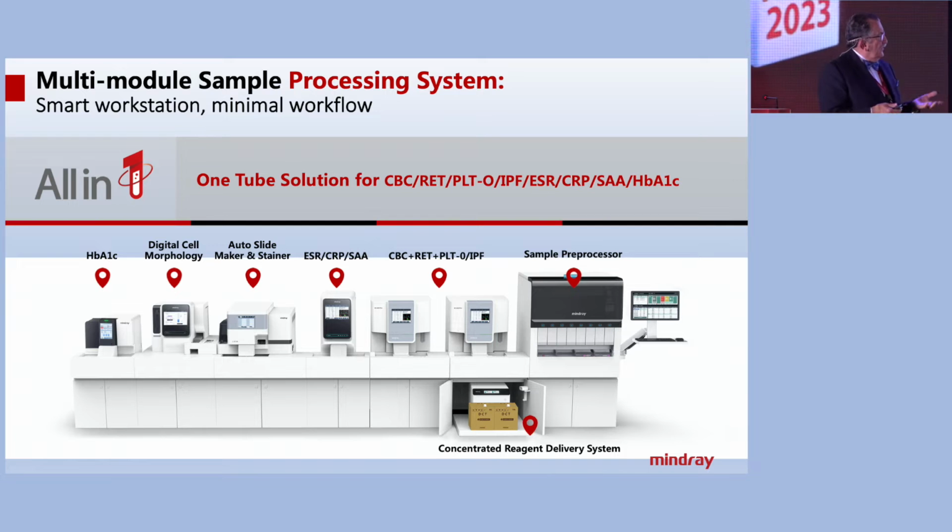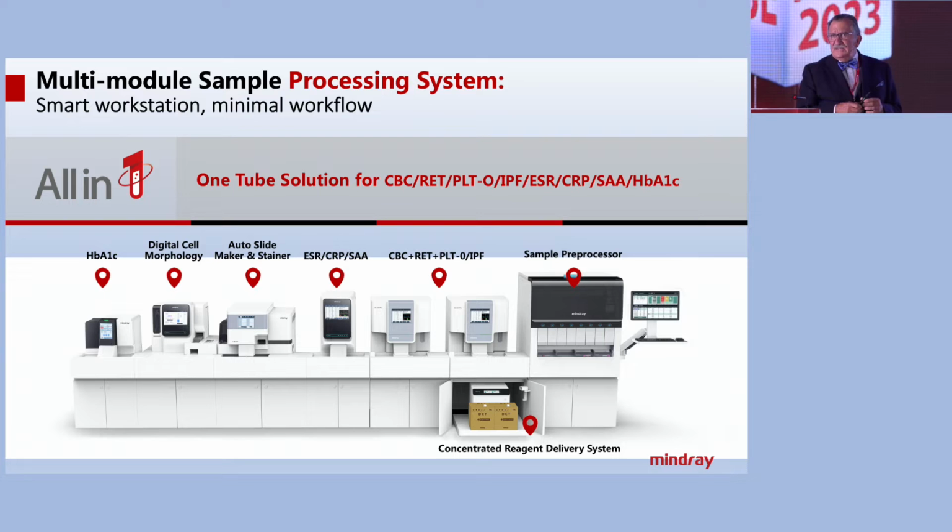Of course, the instruments: the CBC, retic, platelet, optical platelets, and IPF on the BC6800 or BC6200; the new instrument that measures erythrocyte sedimentation rate, CRP and serum amyloid, all of them inflammatory and infection markers that are very useful, and you can do all in one test, in one tube.